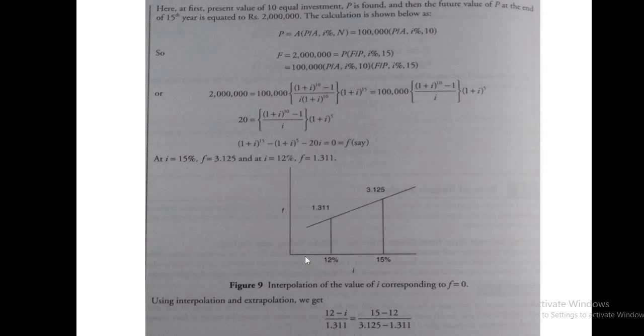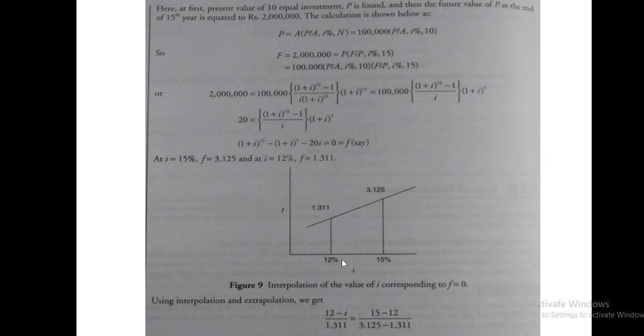When I is equal to 12%, we get this much value of f, and at 15% of I, we will get this much value of f. So at what I rate should that f value be 0? By the interpolation formula, we will get this I value.